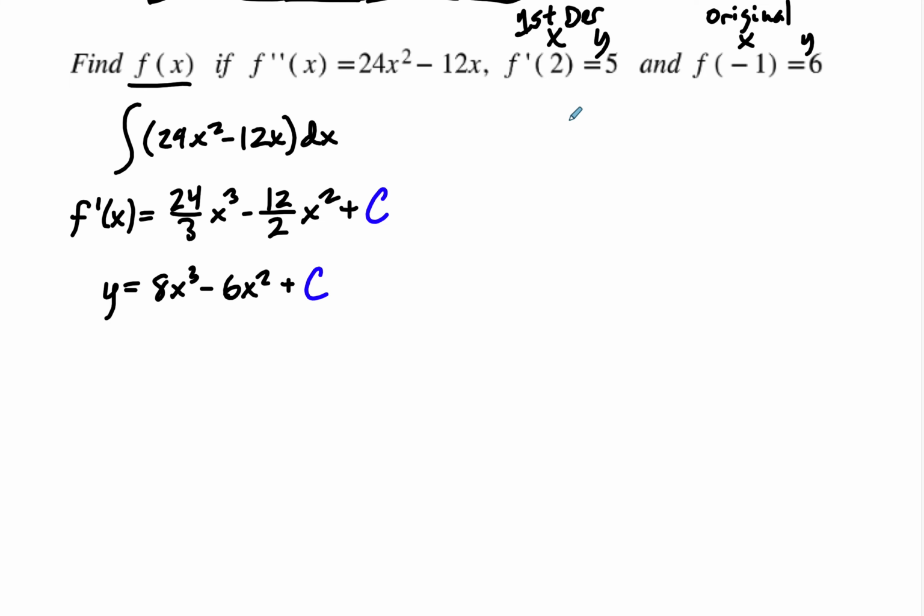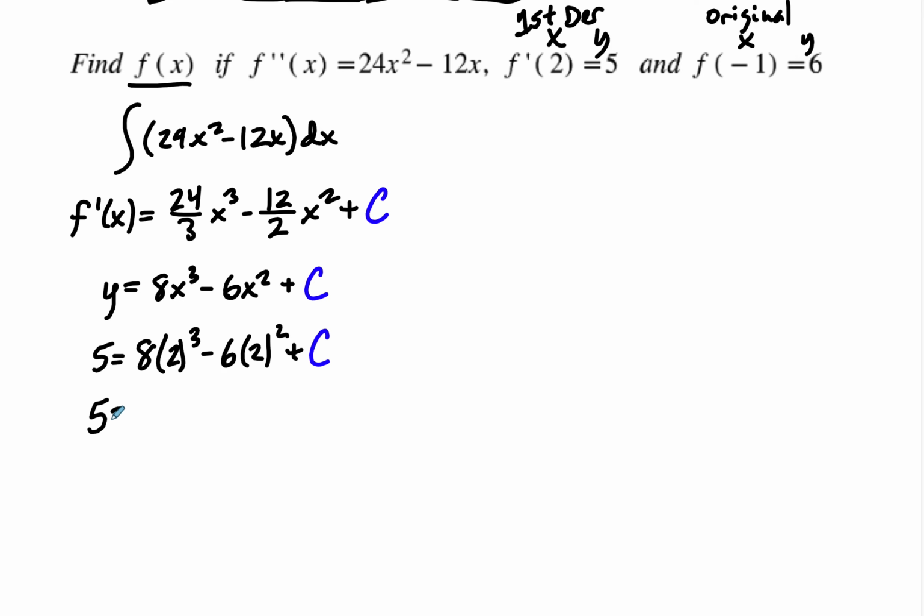Okay, so now we've got 2 is our x value and 5 is our y value, so let's go ahead and do that. So we've got 8 times 2 cubed minus 6 times 2 squared plus the c that we're trying to find. Okay, so now we've got to take a look at this.